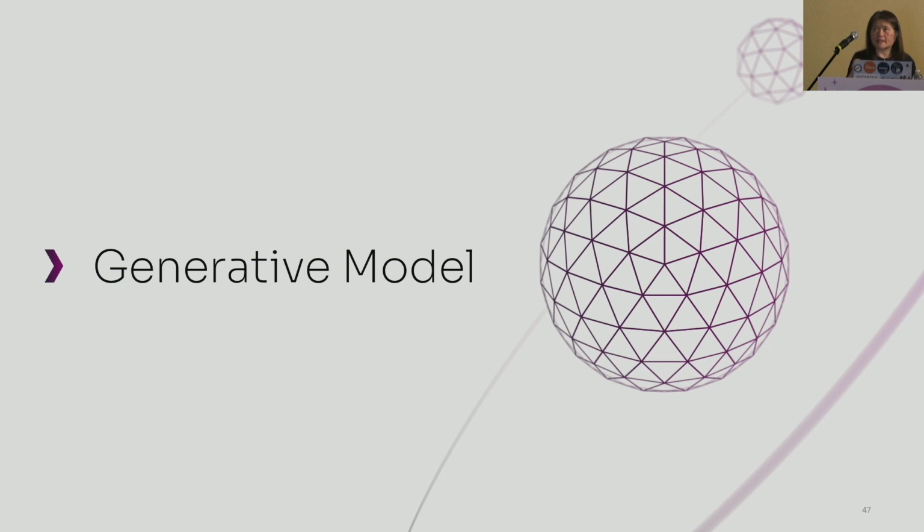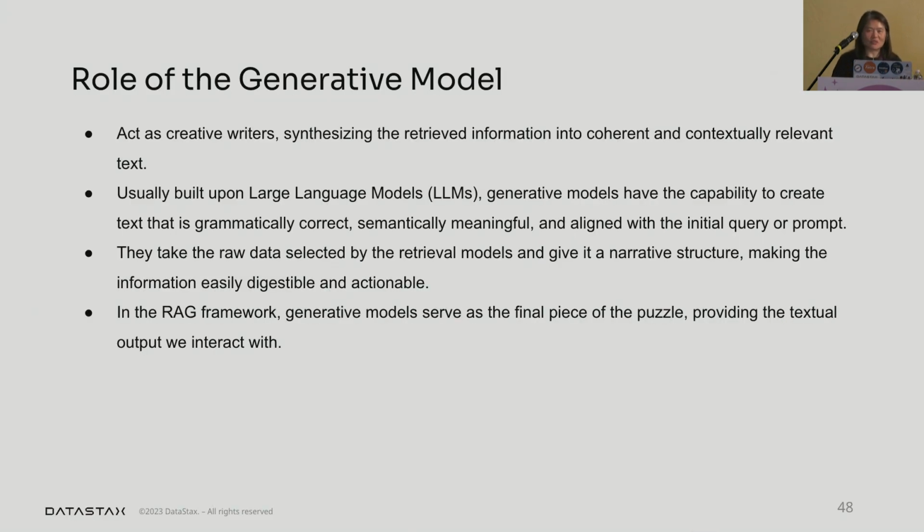But let's take a quick look at the generative model. The role of the generative model, again, is like a creative writer: you synthesize the retrieved information into coherent and contextually relevant text. It's built upon the LLMs, and it has the capability to create text that is grammatically correct, meaningful, and aligned with the initial query or prompt.